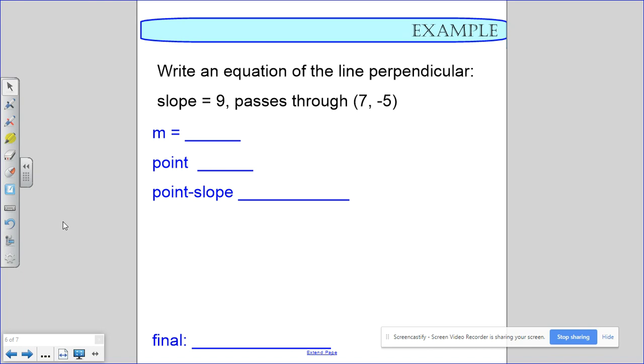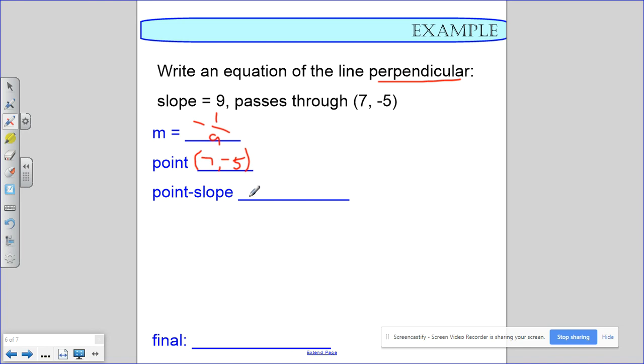So this says, write an equation of a line perpendicular to one that has the slope equals 9 and it passes through 7, -5. So our slope, remember, perpendicular, negative reciprocal. This is positive, this one's going to be negative. Flip our fraction. This is -1/9. Our point is 7, -5.